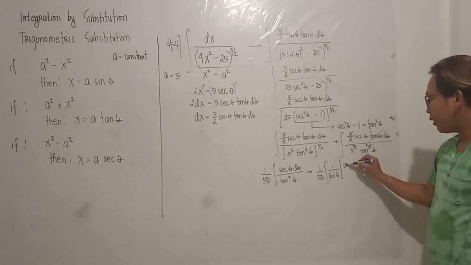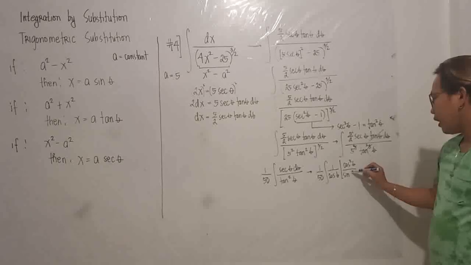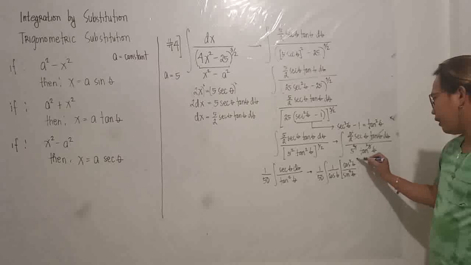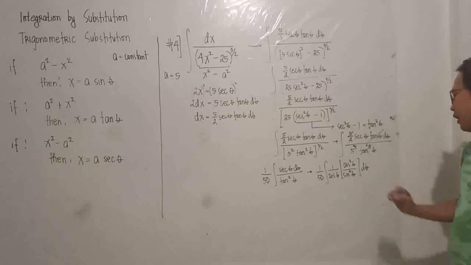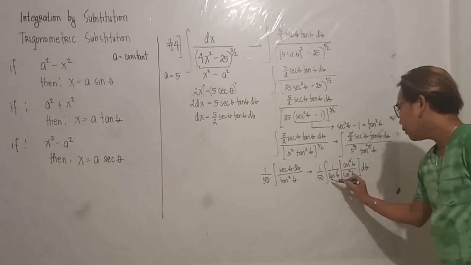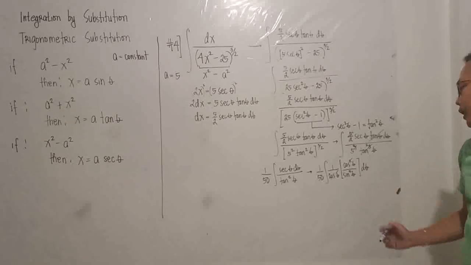So this will be cosine squared theta over sine squared theta d theta. So cancel this. You will now have cosine theta over sine squared theta.